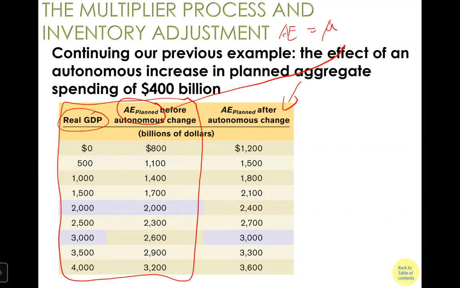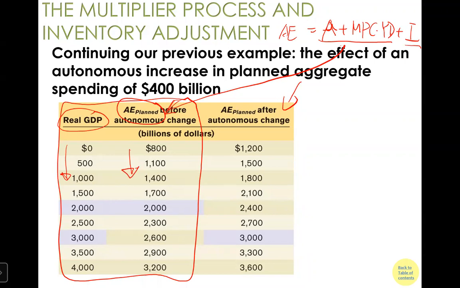Just to remind you, this one is right here: A plus C, and this is I. So in this column, clearly an increase in real GDP increases aggregate expenditure.